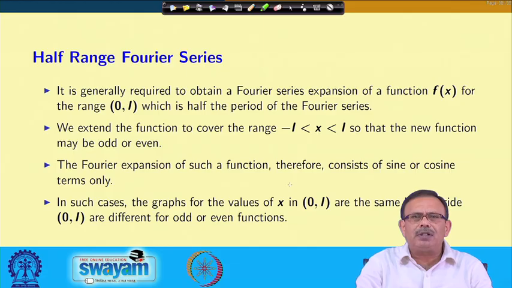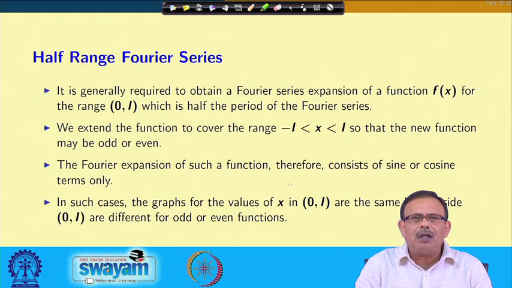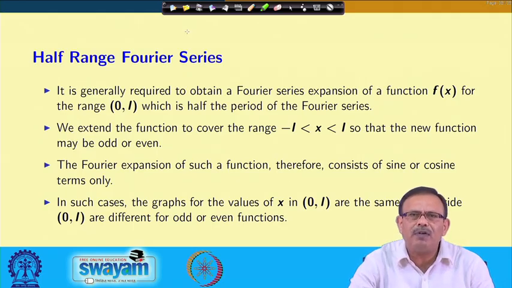So, in such a case, the graph for the value of x in 0 to L will be the same, whether I define it as an odd function or an even function, but outside 0 to L it will be different, and it will depend on whether I have defined it as an odd function or an even function.